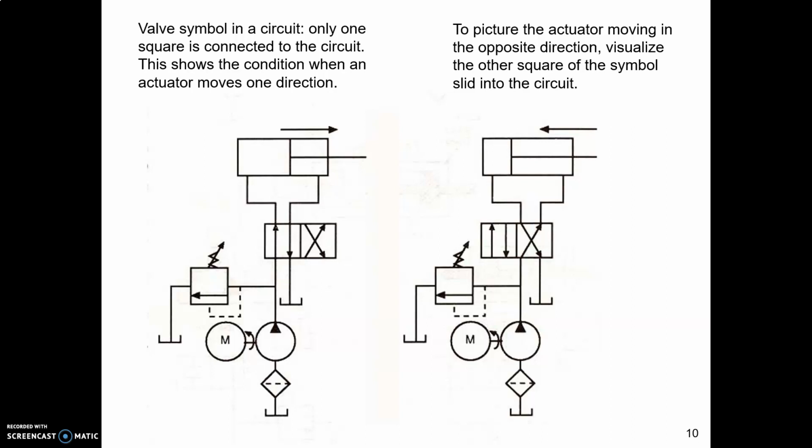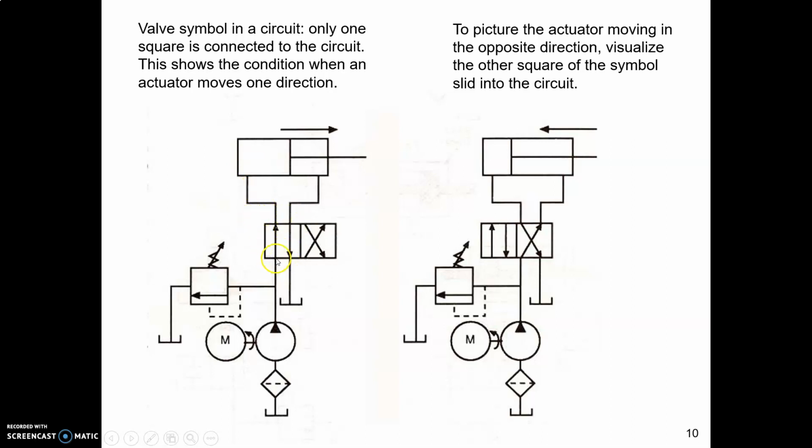Here's a hydraulic schematic, and in a schematic you show the valve symbol in just one position. Usually you show it in the position it would be in if it were just sitting in a box on your shelf. But what you will notice here about these ways for the oil to flow is that when you have the pump pumping oil through one way, it can enter a port in one end of the cylinder.